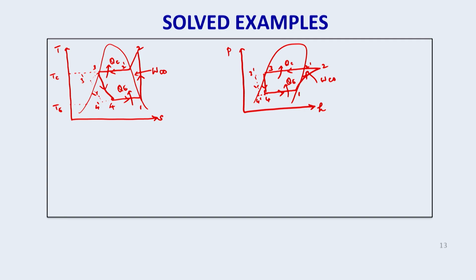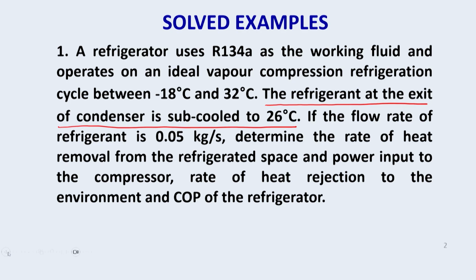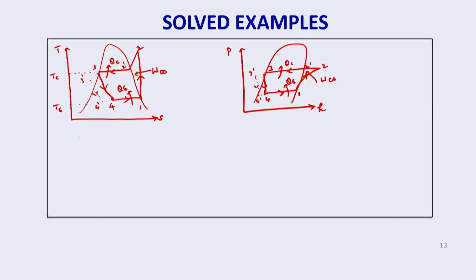So let us write the given data. Evaporator temperature is minus 18, condenser temperature is 32, and the refrigerant at the exit of the condenser is subcooled to a temperature of 26. So given data: T1 is equal to T4, which is equal to T4 dash, minus 18 degrees centigrade.